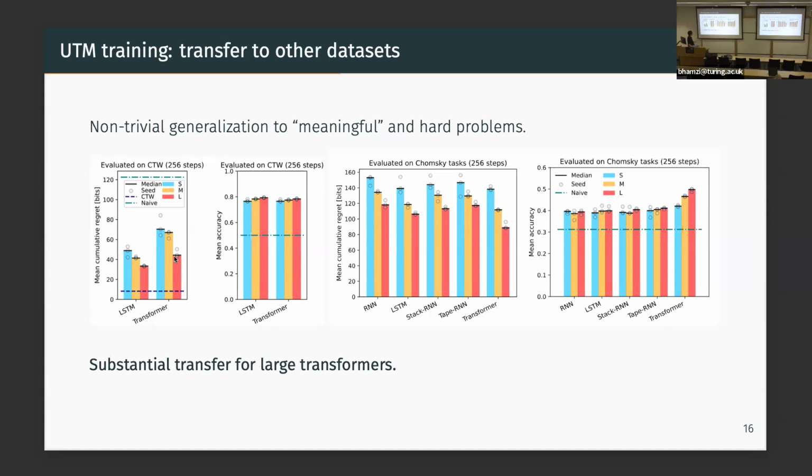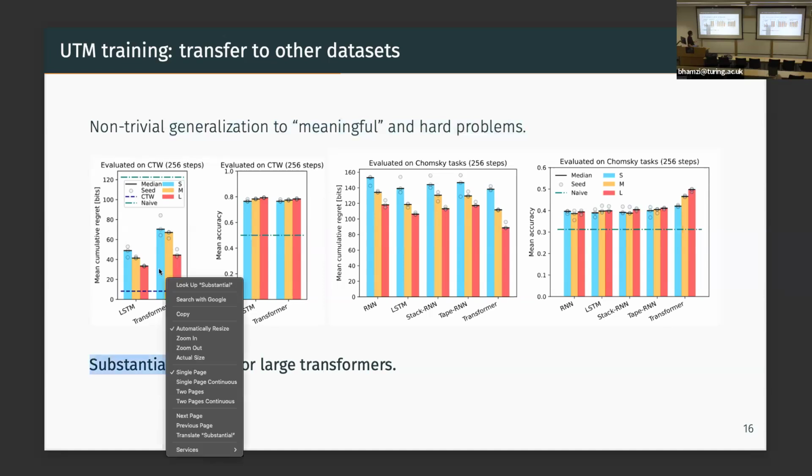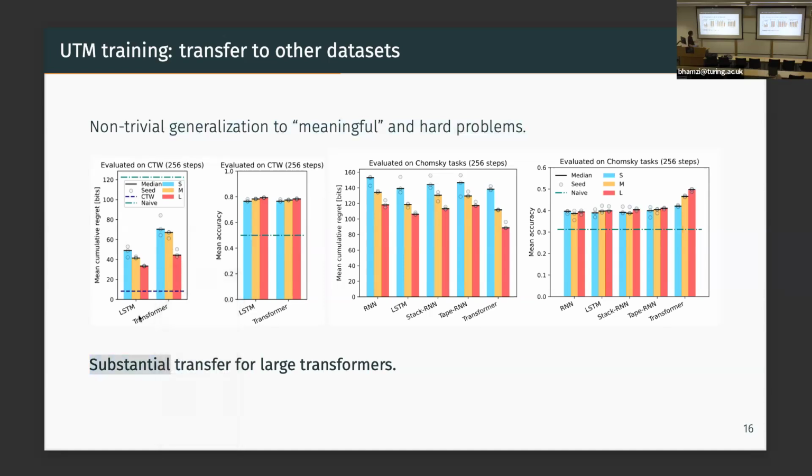But we can still see a little bit of a sign of scaling with the architecture. Interestingly, LSTM generalizes better than transformer, which is an interesting result, I think. And on the right, we have again the accuracy, which doesn't show much difference.